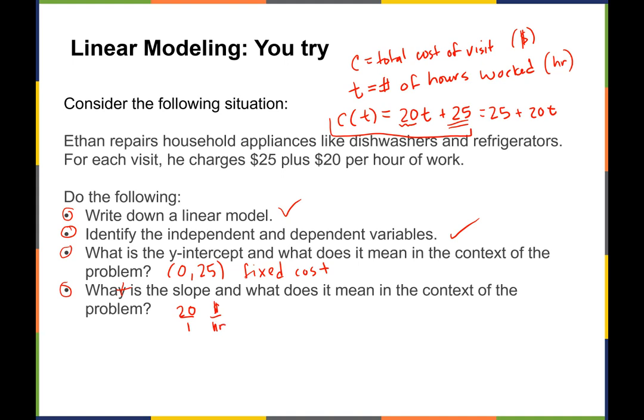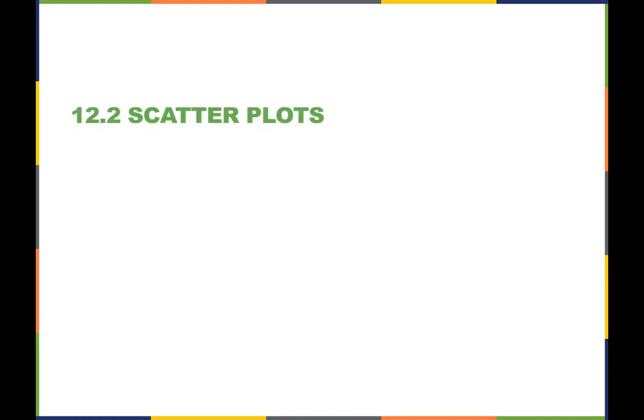Rise is dollars, that's my output variable. Run is my input, that's hours. So my units are dollars per hour. So he charges $20 per hour. That's my variable cost. Hopefully you have quite a bit of knowledge about linear equations at this point from previous classes.